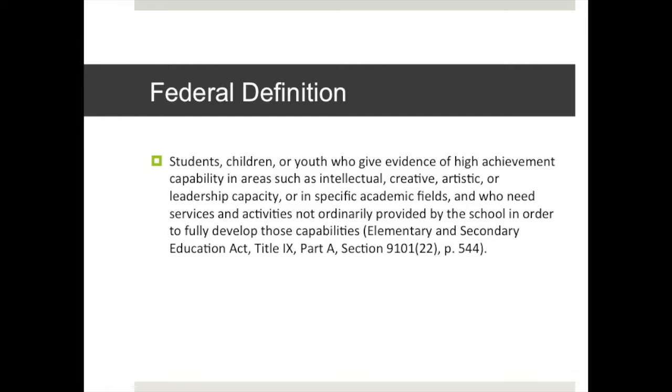A gifted student should show evidence of high achievement capability. Here, how to find the evidence is an issue, and here measurement and psychometrics are employed to determine high achievement capability. The areas federally recognized include intellectual, creative, artistic, or leadership capacity, or in specific academic fields.